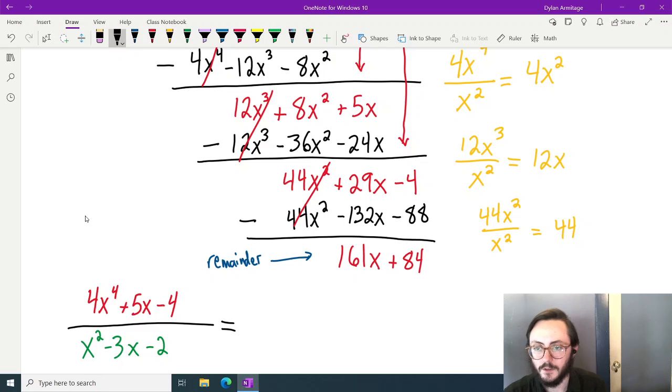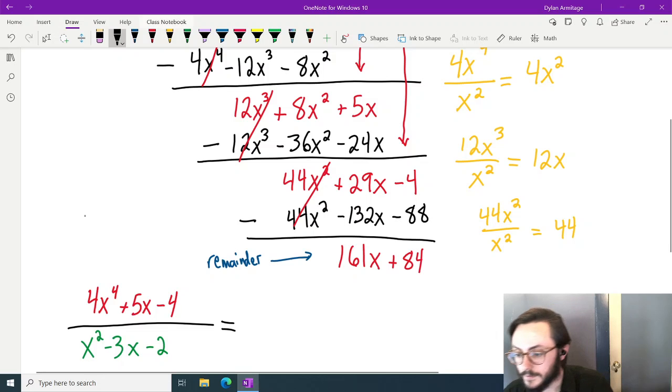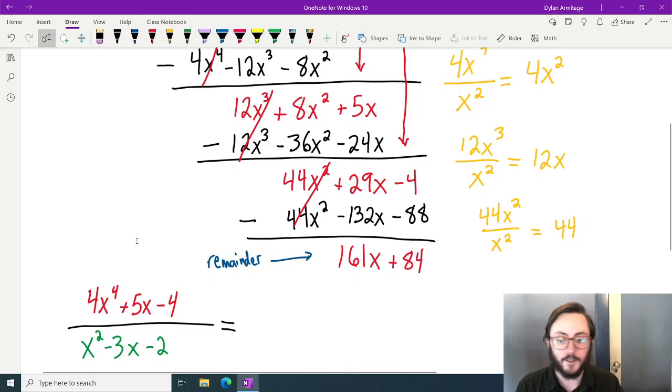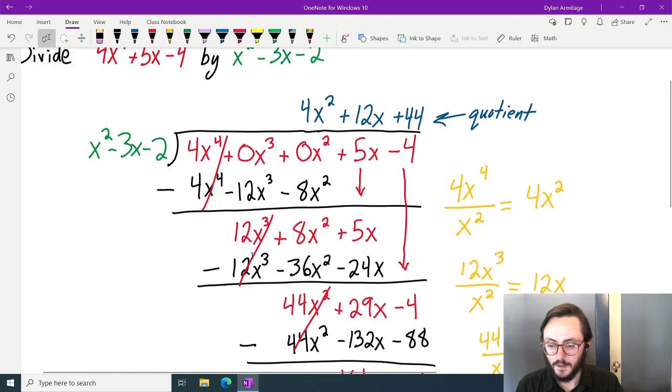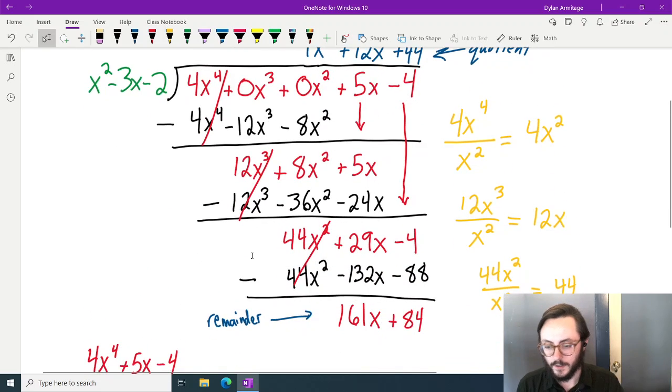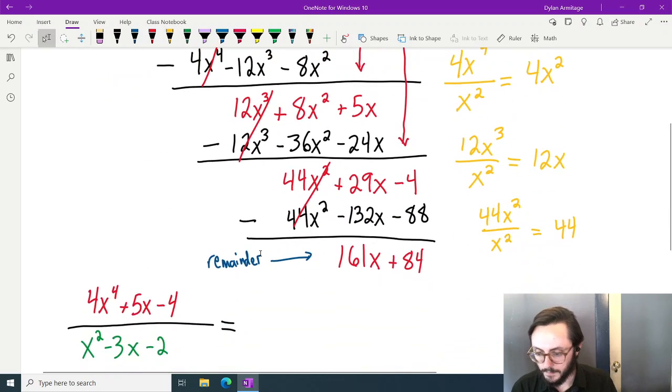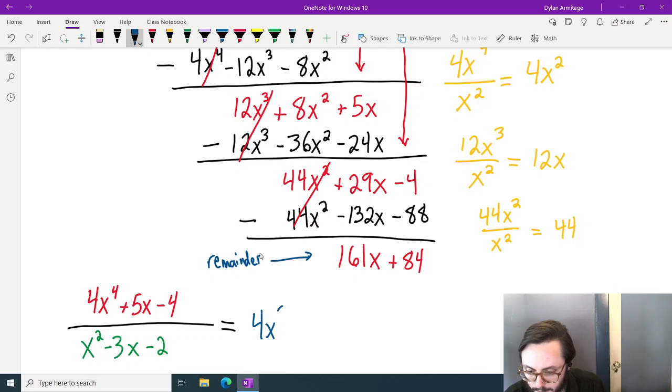This all equals, once we're done dividing, the whole part of our quotient, so 4x squared plus 12x plus 44.